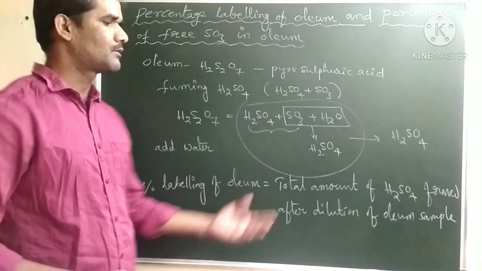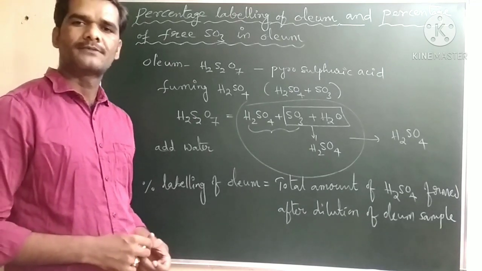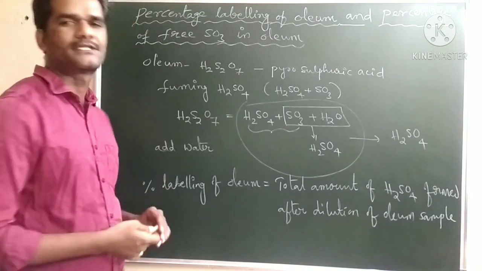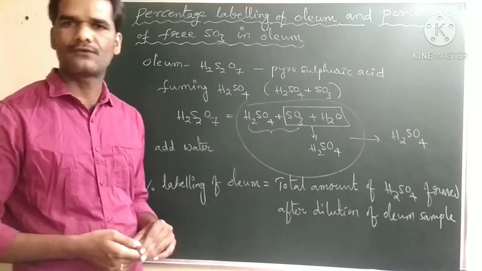So whatever amount of H2SO4 is formed after dilution of oleum sample, that is its percentage labeling.